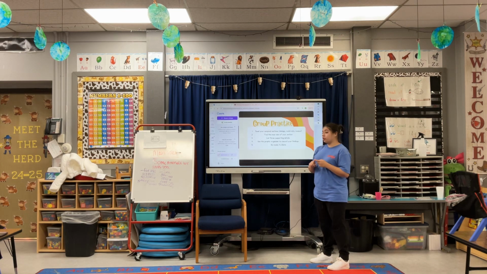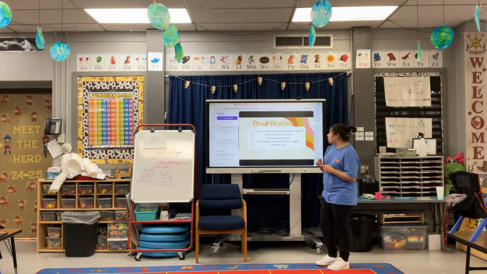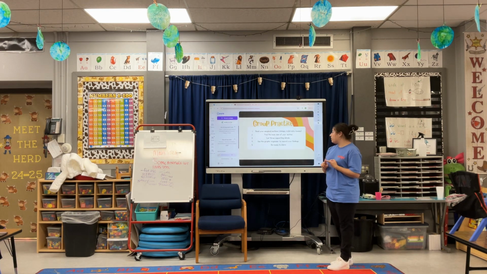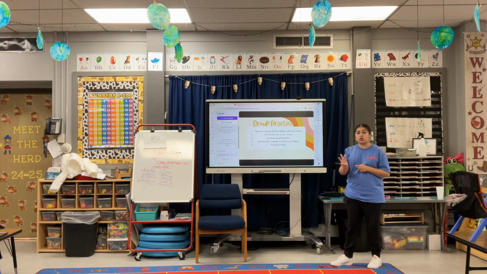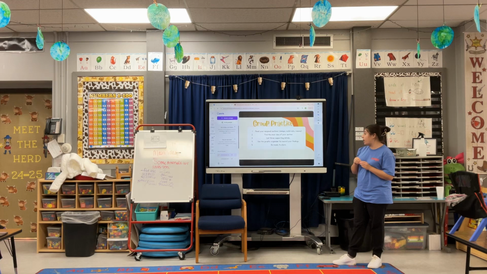At table 2, you're going to do the mole rats. And at table 3, you're going to talk about the ravens. So you're going to find the main idea of your section, list at least 3 supporting details, and you're going to use your graphic organizers to record your findings, and then we're going to share as a group, okay?